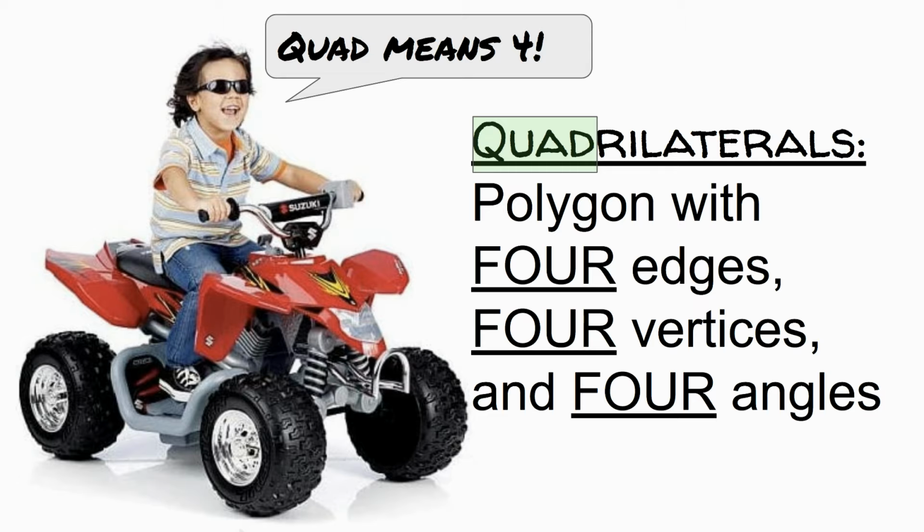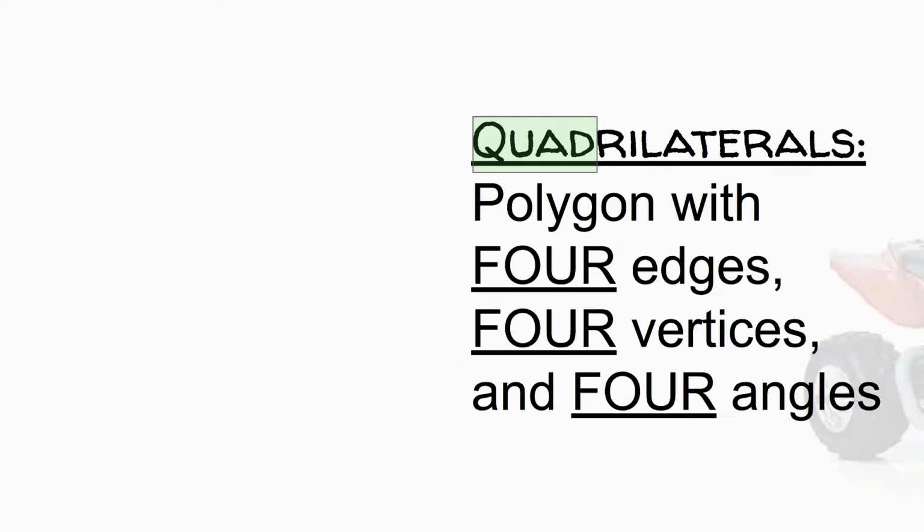I spent way too much time laughing at this picture of this kid just rocking and rolling on this quad. So remember this rad dude who's way too cool to wear a helmet. That quad means four. So when you see quadrilateral, it automatically means that shape has four sides. There he goes.